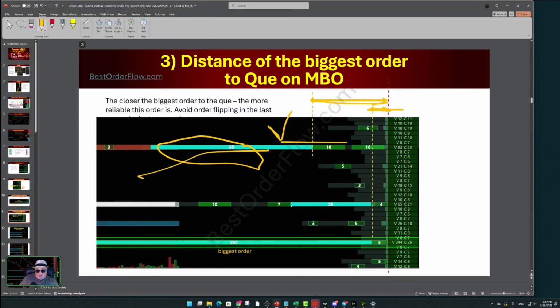And that's my rule. In some circumstances the price will bounce anyway, because maybe there is some iceberg involved. But so far in my book, I have my set of rules.